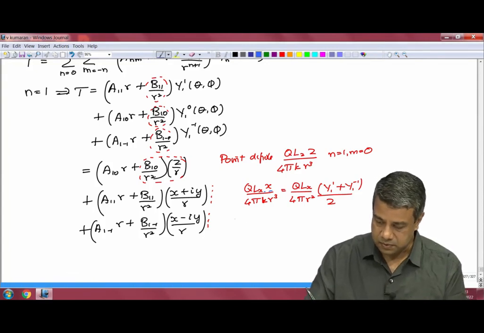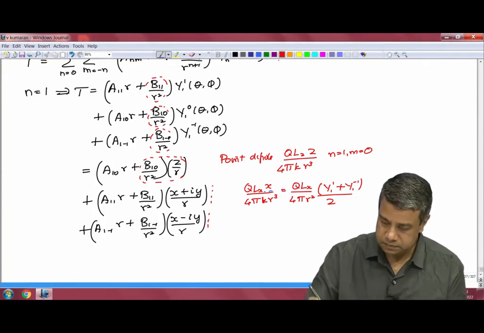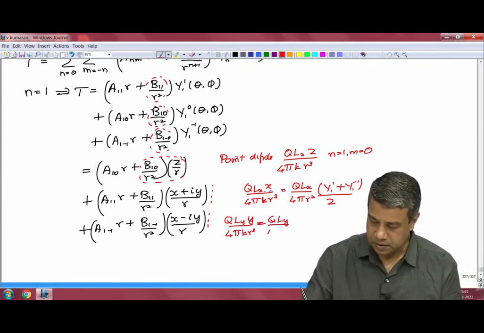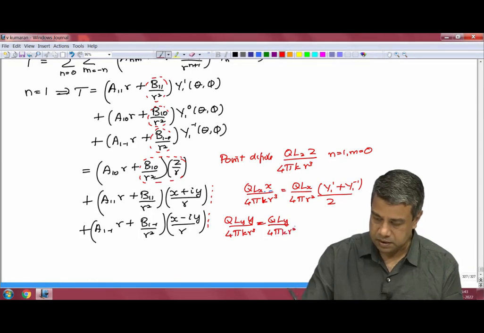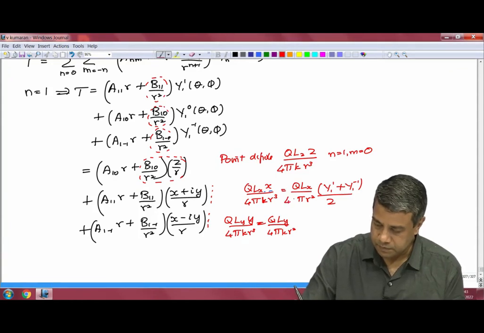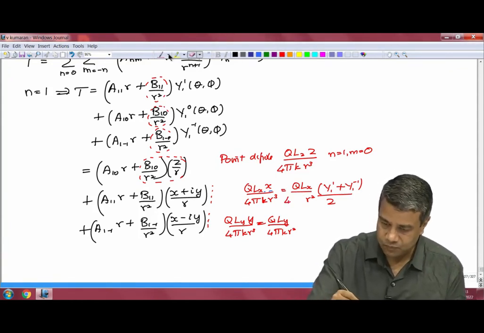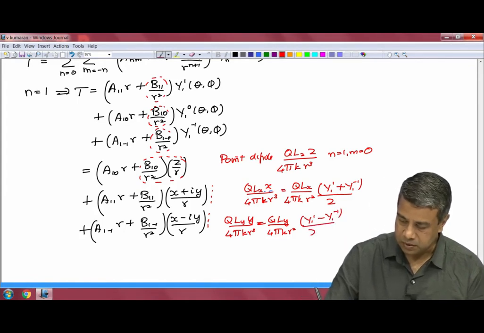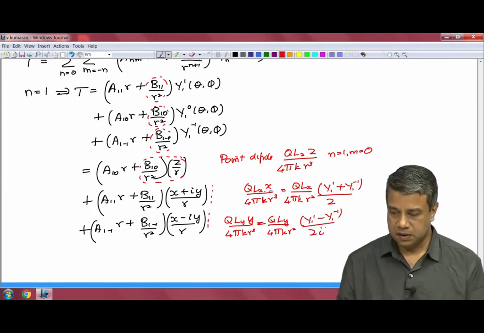So, q Ly y by 4 pi k r cubed is equal to q Ly by 4 pi k r square, there should be k here, into Y11 minus Y1 minus 1 by 2i. Subtract out the complex conjugate, divide by 2i, and that is a separation.